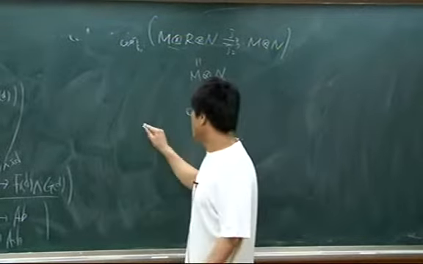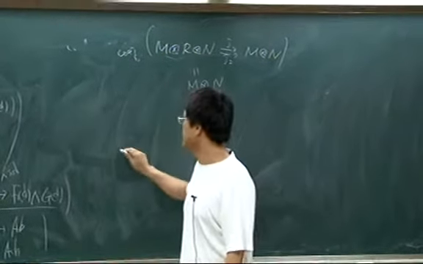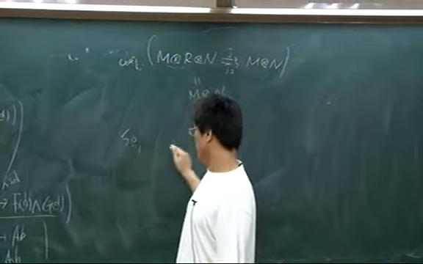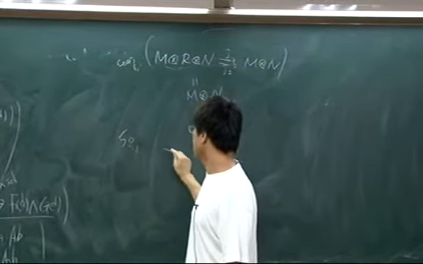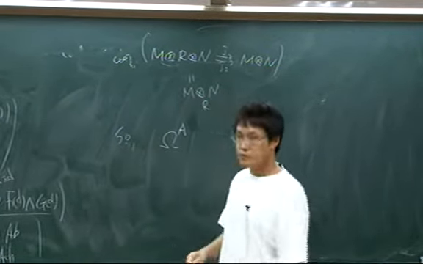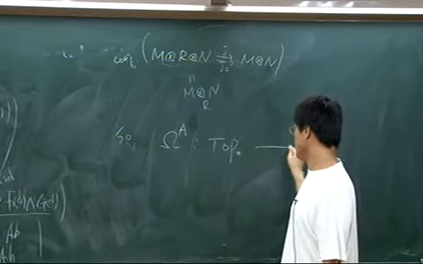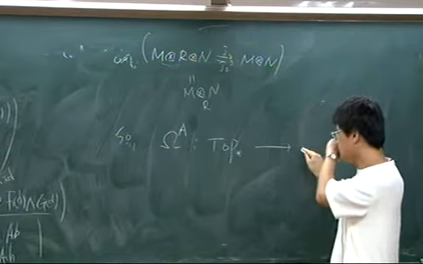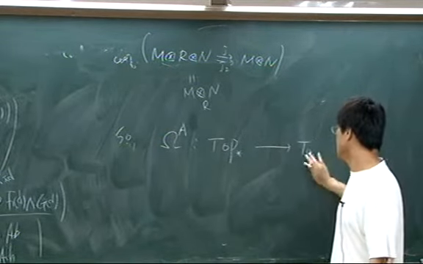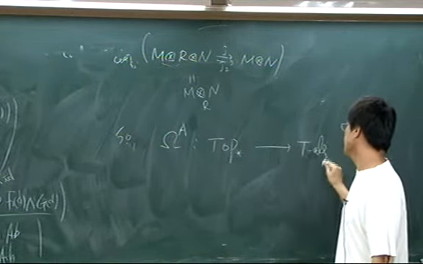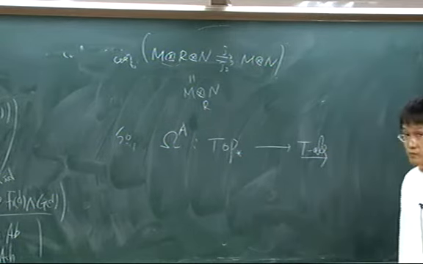But anyway, what I have is the following. Originally we had a functor to the T algebras, the character T algebras.